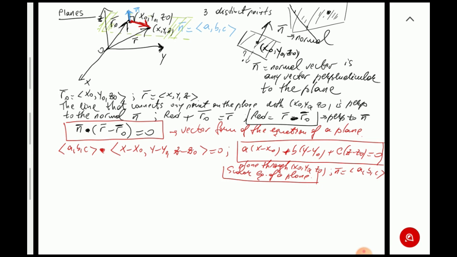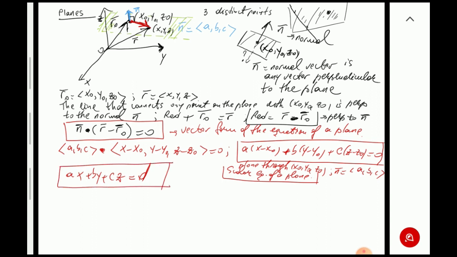And immediately related to this, if we expand these parentheses and just keep ax, by, cz on the left, you get to the format which is more compact, and that's used more often, and that's going to be ax plus by plus cz equals some number d.